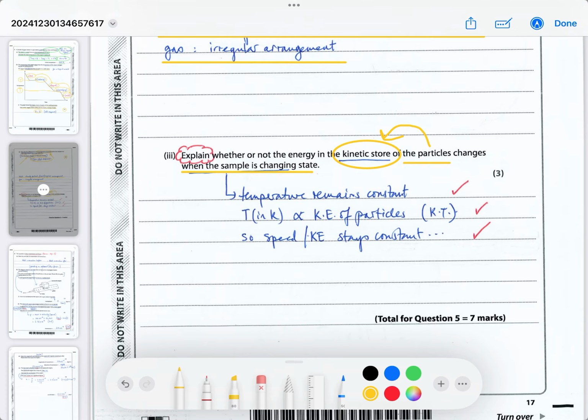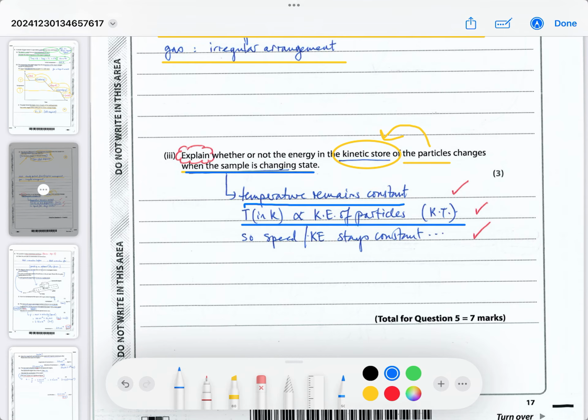So first of all, you've got to explain that when the sample is changing state, the temperature remains constant, does not change. And remember, temperature in Kelvin is directly proportional to the kinetic energy of particles according to the kinetic theory of gases.